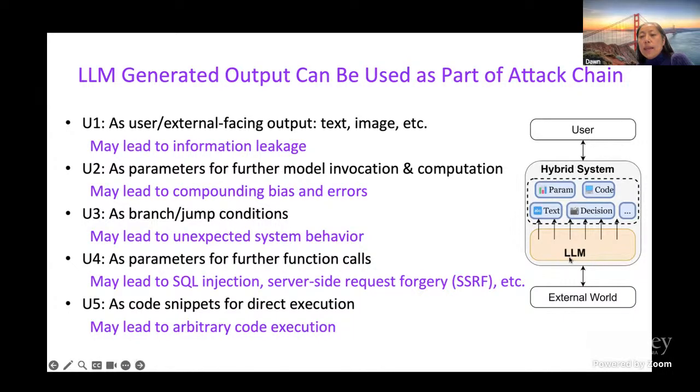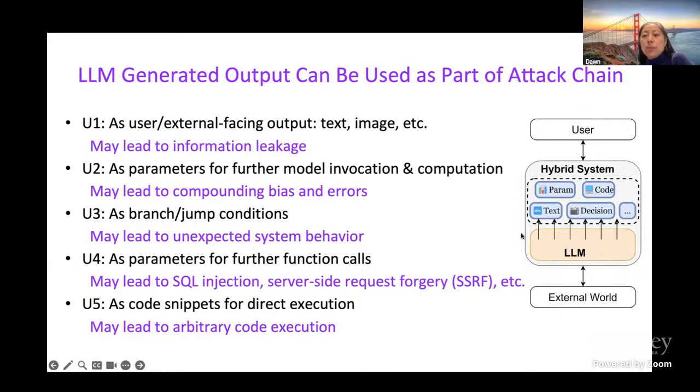So again, the LLM can generate different types of outputs. So the outputs essentially will be used in different ways. So for example, the LLM can generate user external facing outputs in different modalities, such as text and image and so on. And this could lead to information leakage.